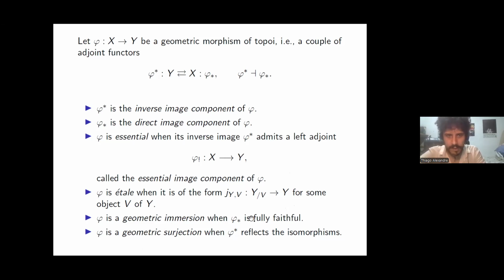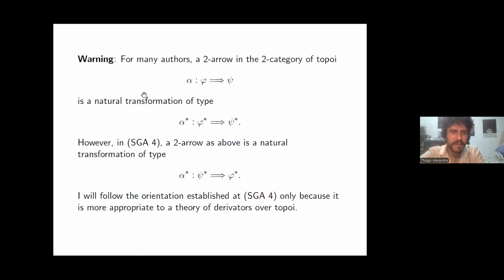A warning: for many authors, including Peter Johnstone and Olivia Caramello, actually almost everyone, a 2-arrow in the 2-category of topoi is a natural transformation between the inverse image components of the geometric morphisms.